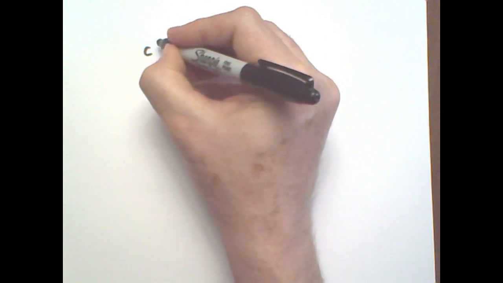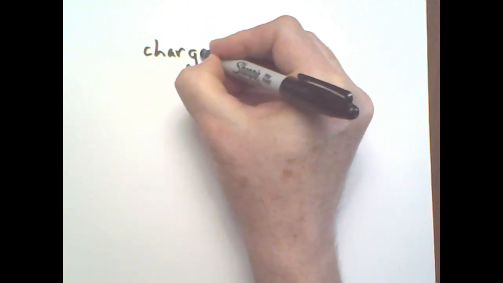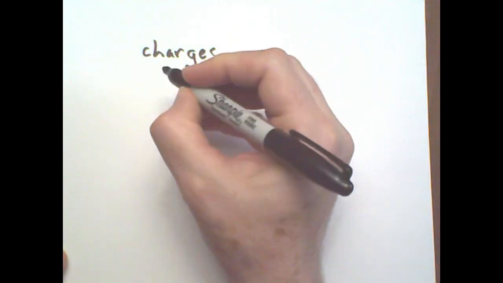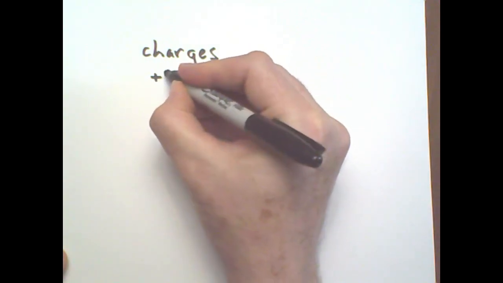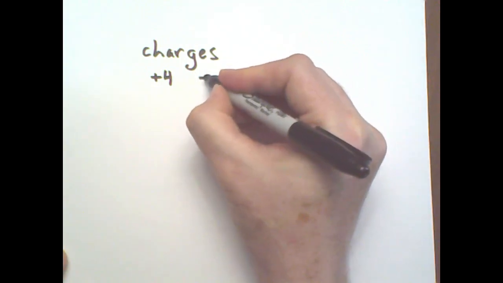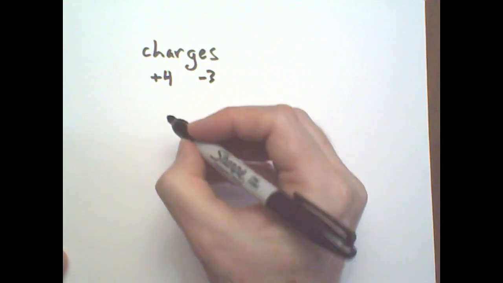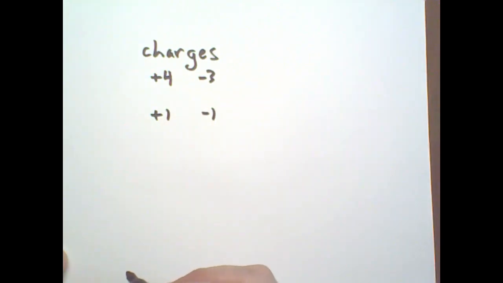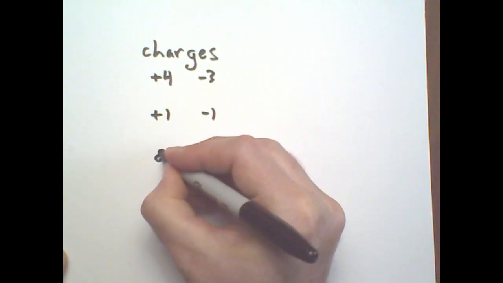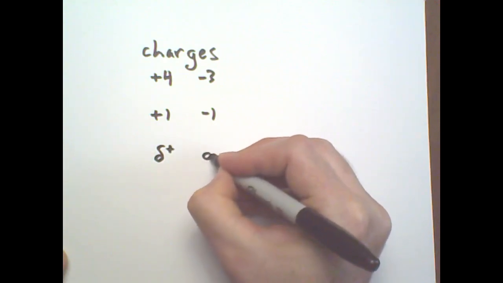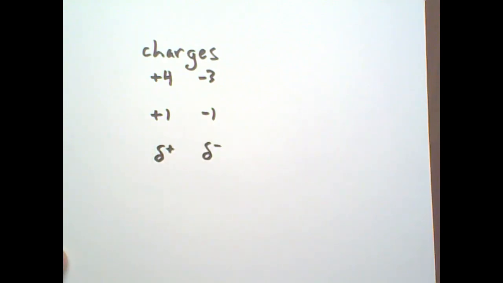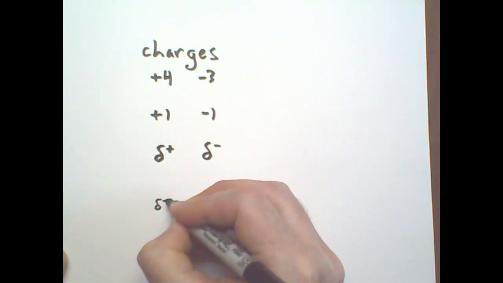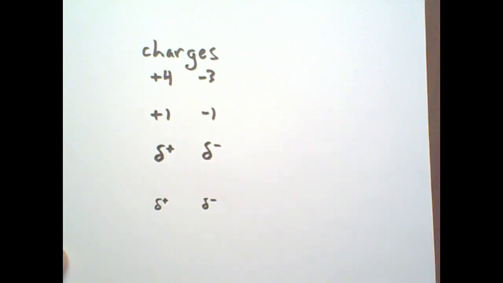We've got charges. You could have something like a +4 and a -3, or a +1 and a -1, or we could go down to a partial plus and a partial minus, or we could have a smaller partial plus and a partial minus.